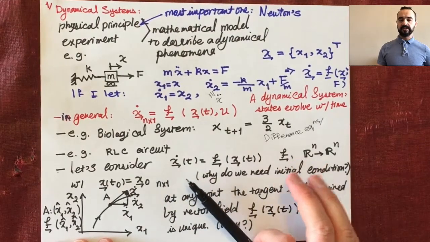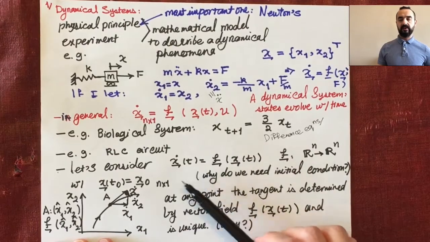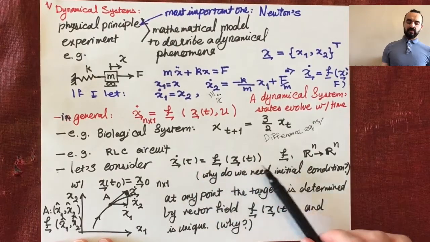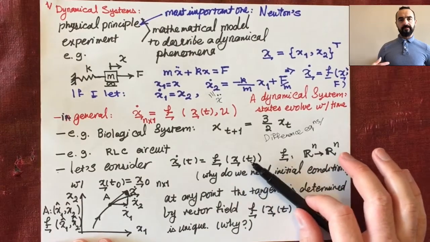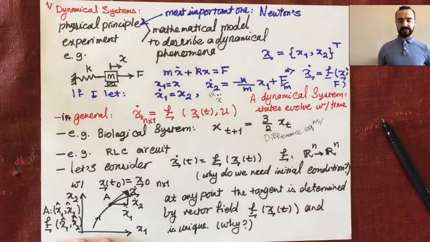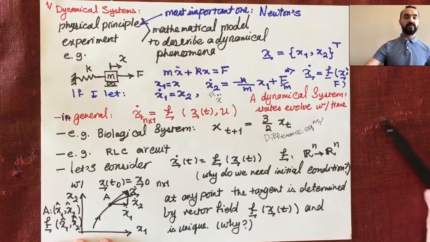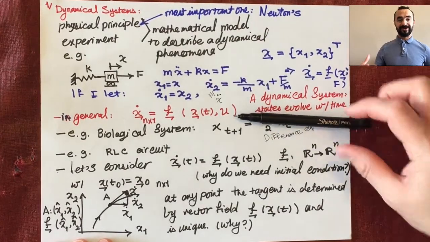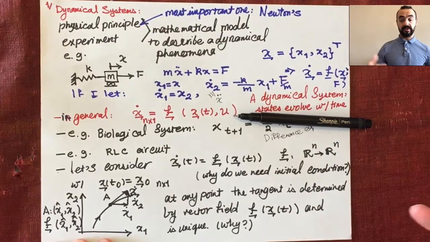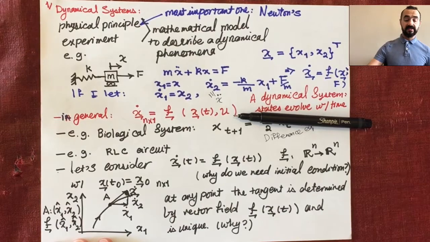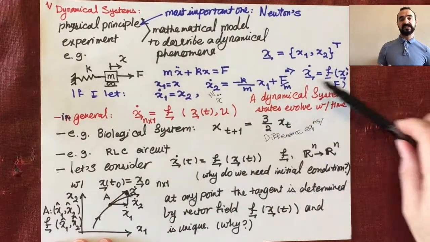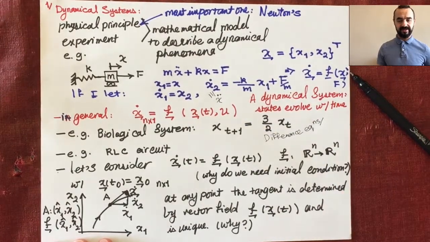This type of dynamical system, I have x dot equals f of x, t. So in this case, I'm not having an external force. In general, you could have your external input here. You could also include time if, for example, your external input explicitly depends on time.